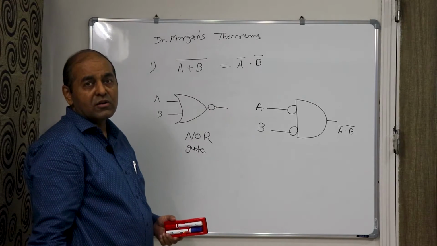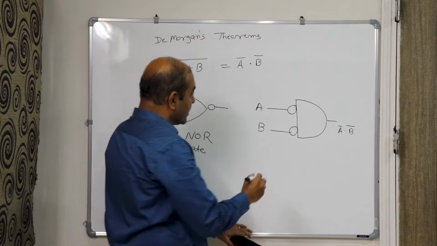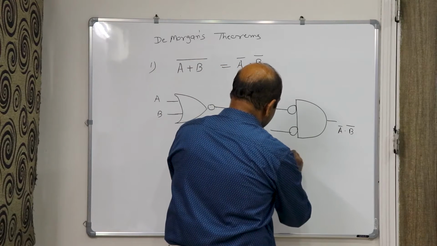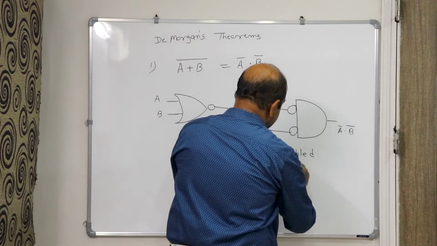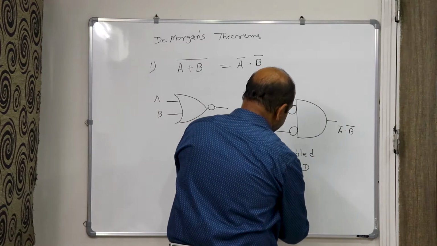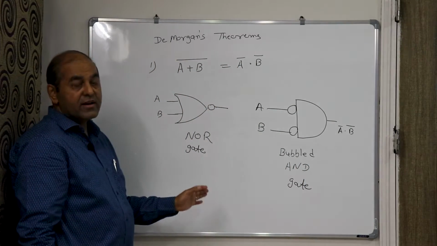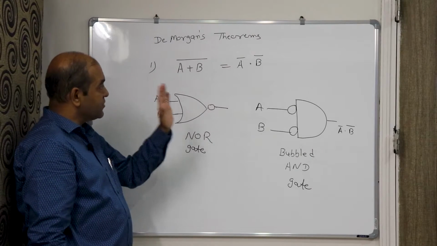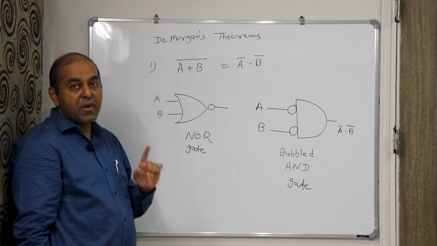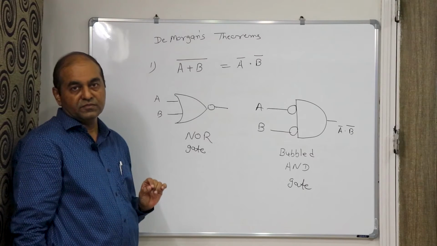Sometimes this is also known as bubbled AND gate. So we can say that NOR gate is equivalent to bubbled AND gate. Okay, (A plus B) whole over bar is A bar dot B bar. This is De Morgan's first theorem.